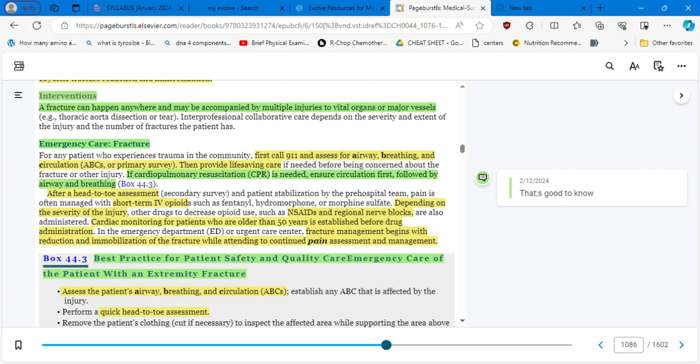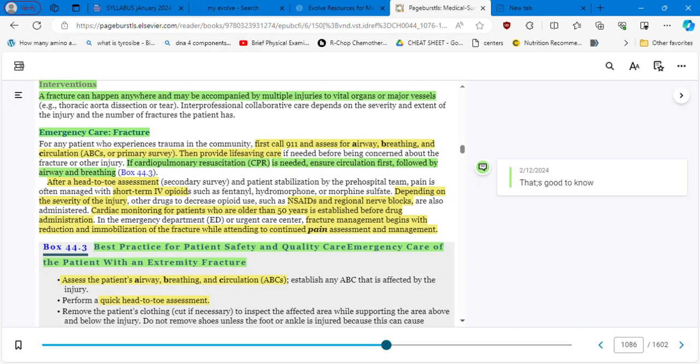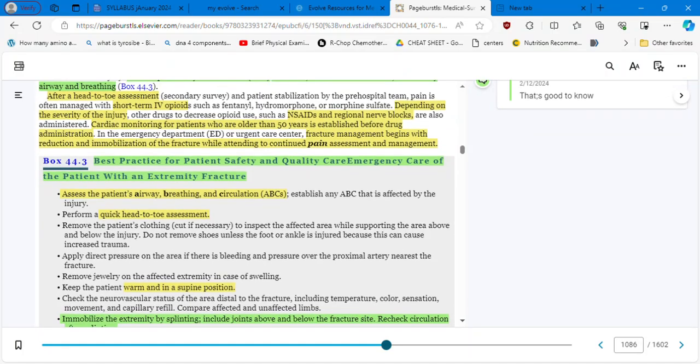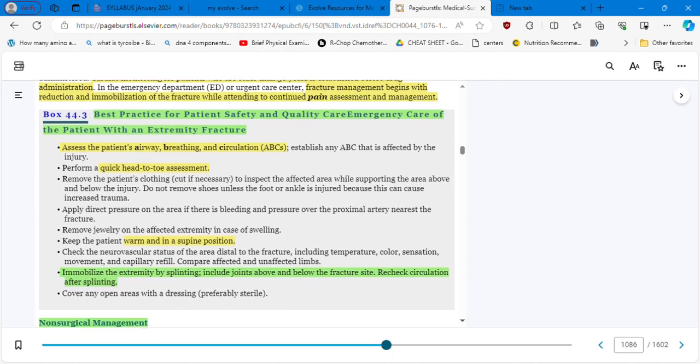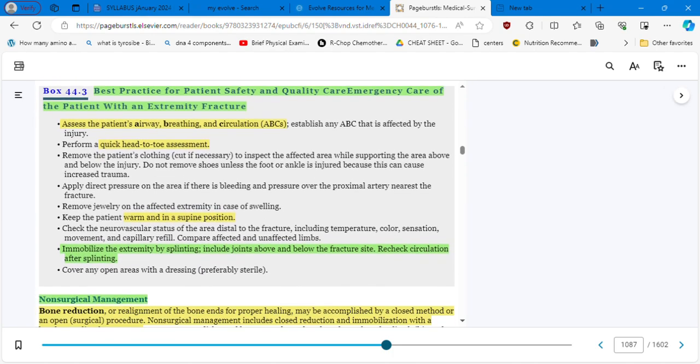the heart is working. Fracture management begins with reduction and immobilization of the fracture while attending to continued pain assessment and management. Okay, so then we have another box, best practice for patient safety and quality care: emergency care of the patient with an extremity fracture.